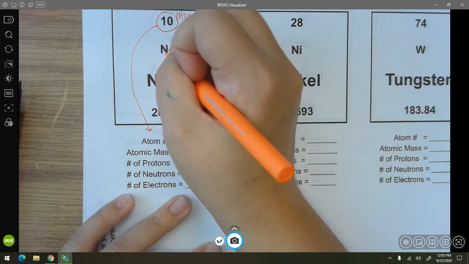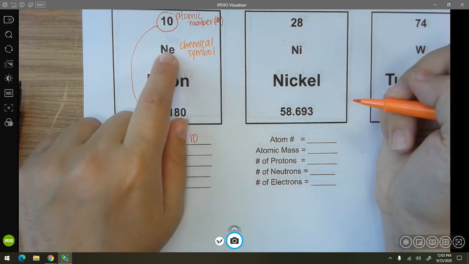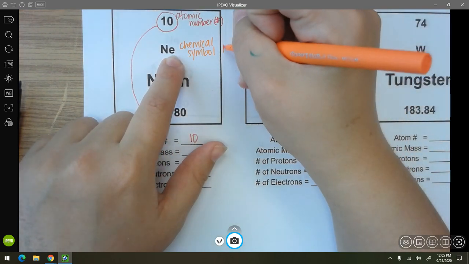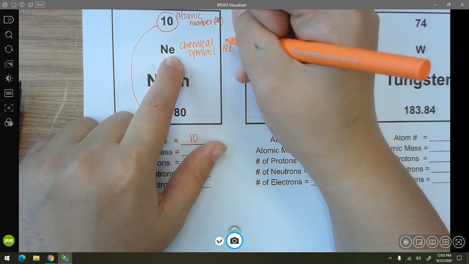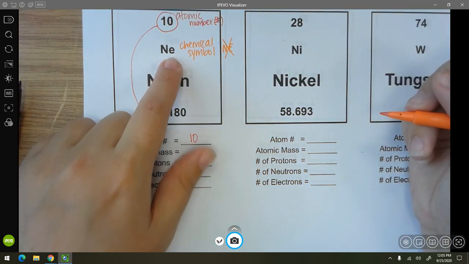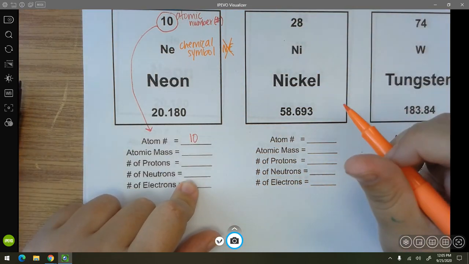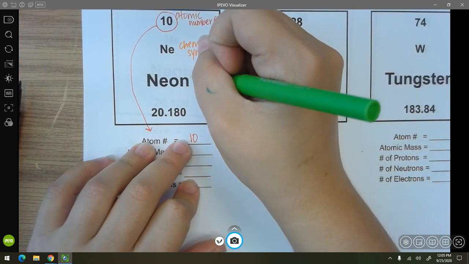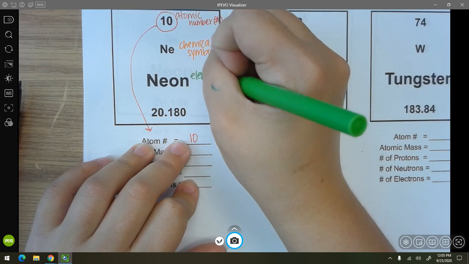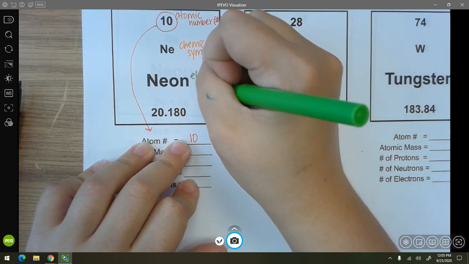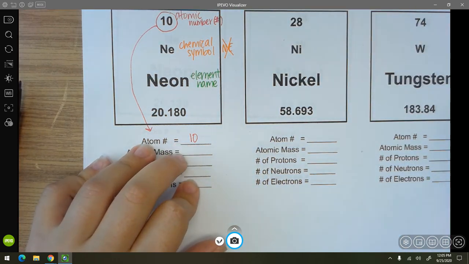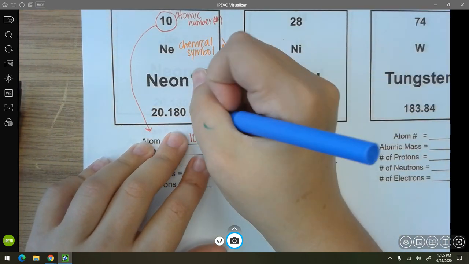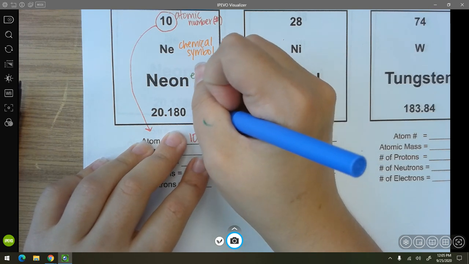Notice this one has 2 letters on it, so it's big N, little e. You should not write big N, big E. That's bad, okay? It's big N, little e. Then we have our element name. And last but not least is our atomic mass, not chemical mass. Sorry, guys.